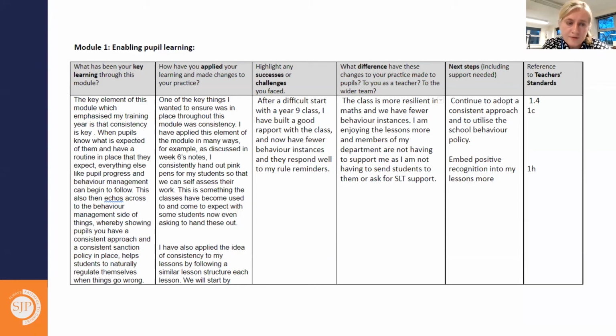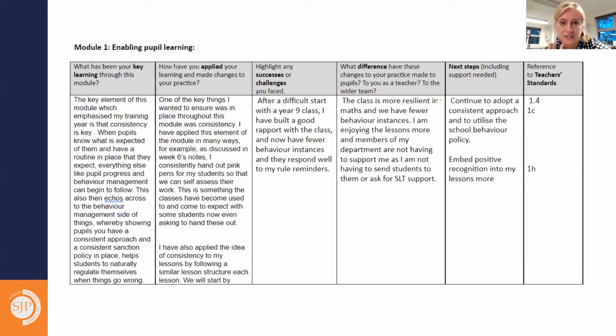So the ECT has to think about their key learning, what they've actually done, how they've applied what they've learned in the classroom. So give tangible examples. No surprise, as a secondary school teacher, it was difficulty with a year 9 class to begin with, but using the information in the module and also the expertise of her mentor and the department, they've been able to get their head around the school policy and being consistent and being positive as well with children to build up that rapport.